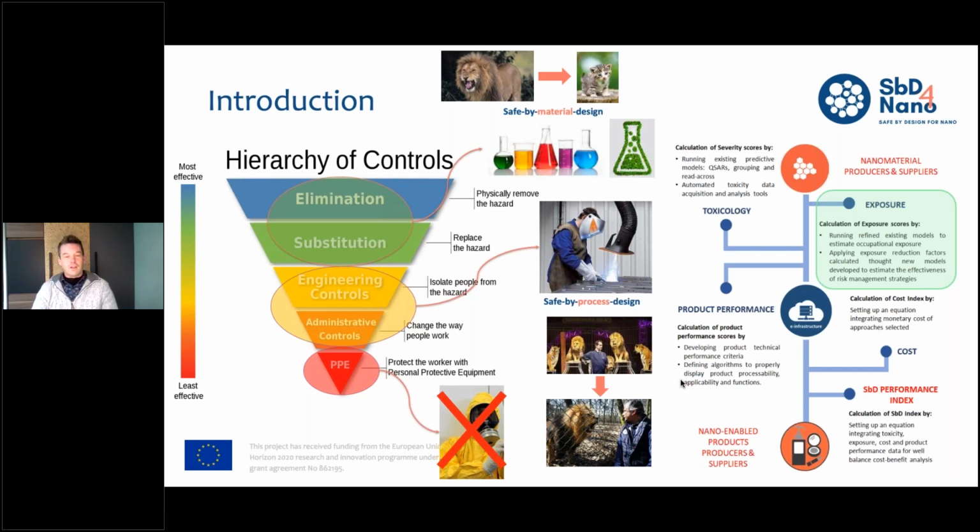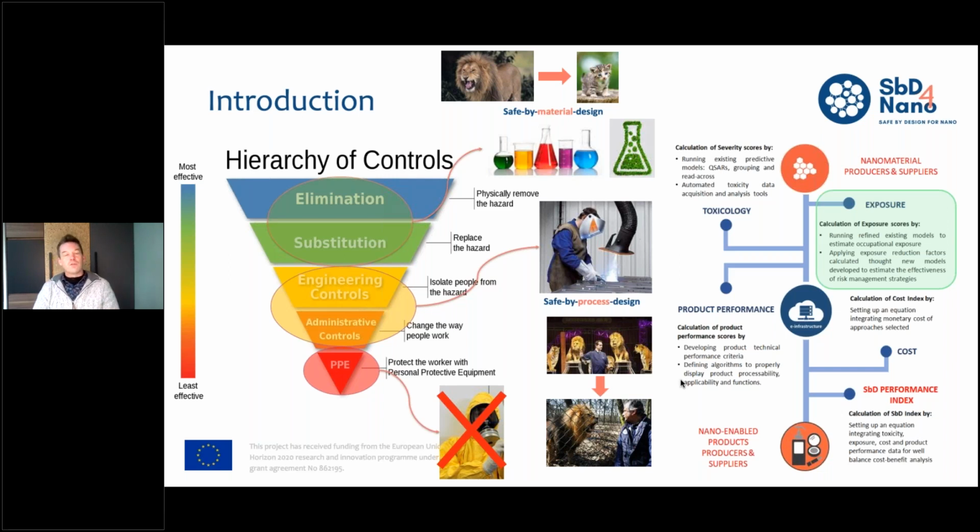But if that's not possible, or if we, for instance, need these materials for an energy transition, or in pharmaceuticals or cosmetics or any other products that we really need, then there's still an option to lower the exposure levels and try to implement process designs which will also lower the exposure and hence the risk. And that's what we call safe by process design.